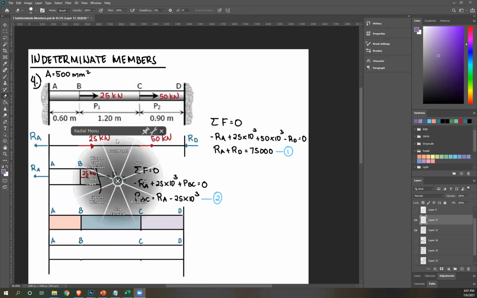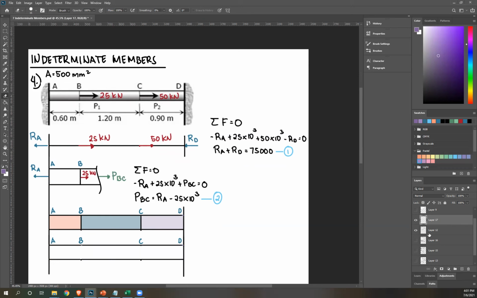Okay. So because of the presence of this tension force, right, this bar will elongate. So the final position of B will be somewhere here. Okay. Then, since this moves, the final position of C also moves. Okay. So this is now the final position of C because of the 25 kilonewton force. Now C will move again because of this 50 kilonewton force. So it's going to move again by some amount here.